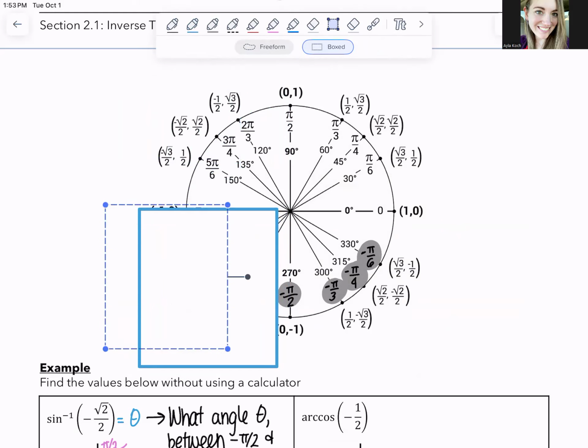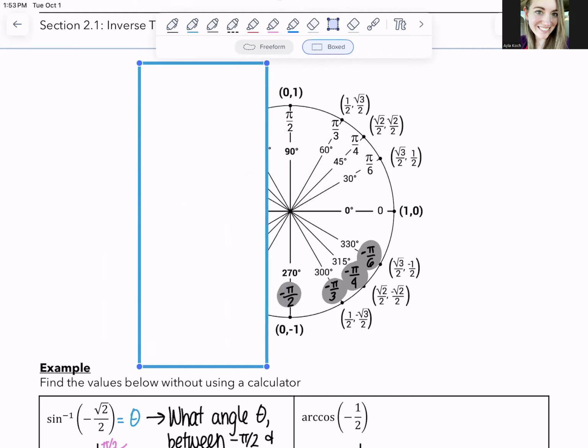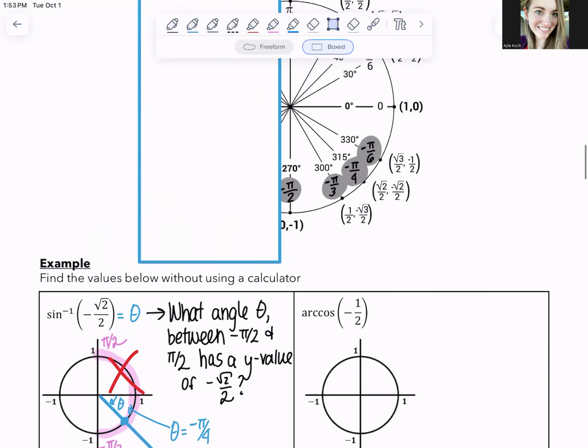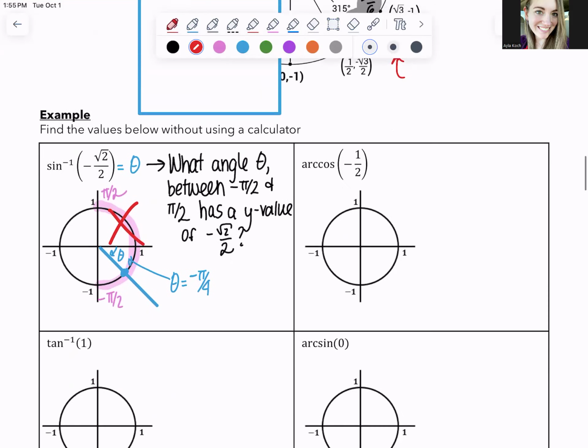We never care about quadrant 3 with inverse trig. But for sine, which is what we're talking about right now, we're only concerned with this. The place where the y value is negative square root 2 over 2 is here at negative pi over 4. And so that ends up being our answer. Theta is equal to negative pi over 4.